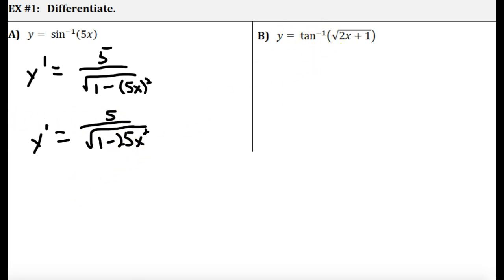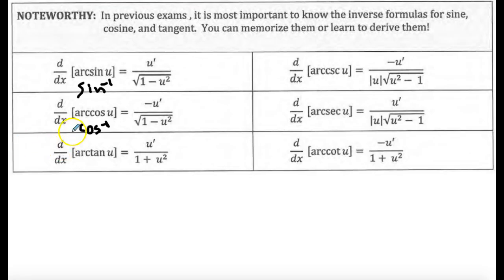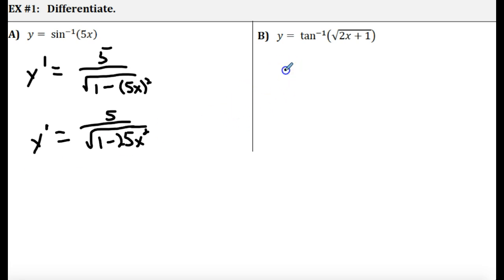Inverse tangent. If we look back at our rules, the derivative for inverse tangent is derivative of the inside over 1 plus the inside squared. So my y prime will be derivative of the inside. Here my inside is the square root of 2x plus 1.